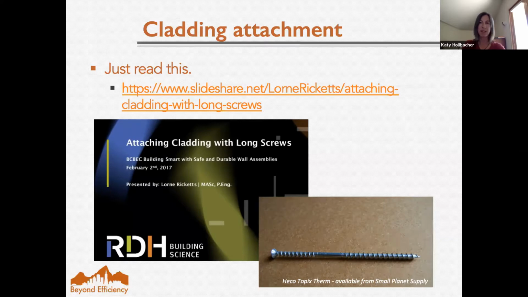It has these identically pitched threads, and this will allow you to attach these products without overly compressing the insulation and the issues that might come with that. So again, all of these challenges can be solved. It's just having the goal in mind and deciding you're going to do it.